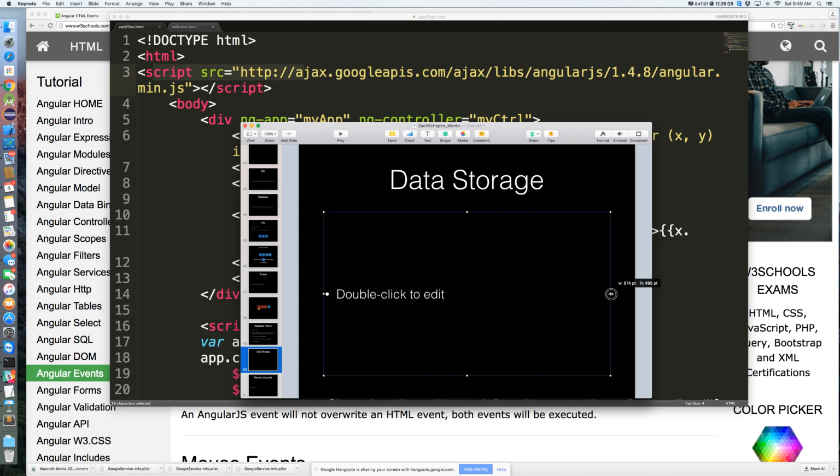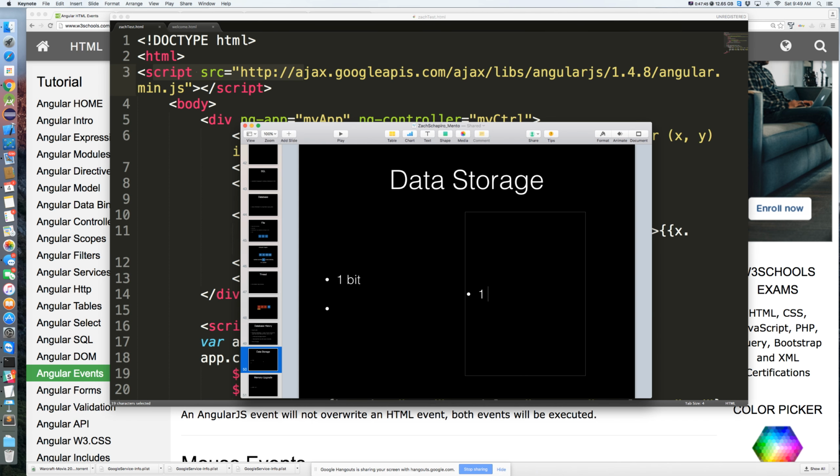All right, so let's go to data storage here real quick. I'm going to create 2 columns. On one side we have bits and bytes.